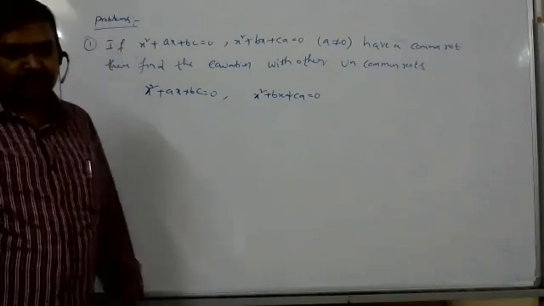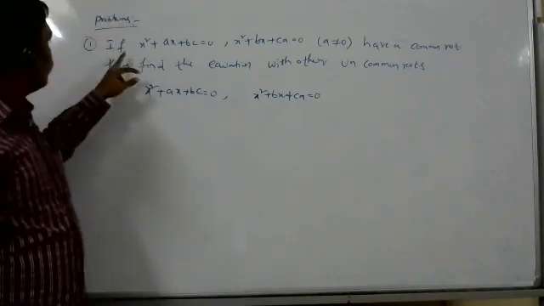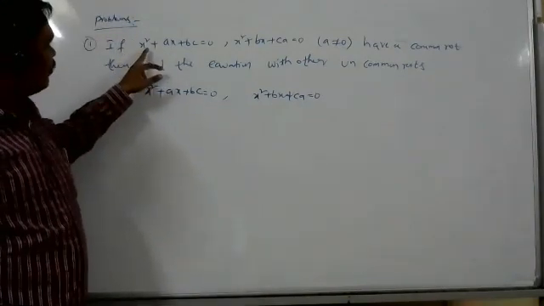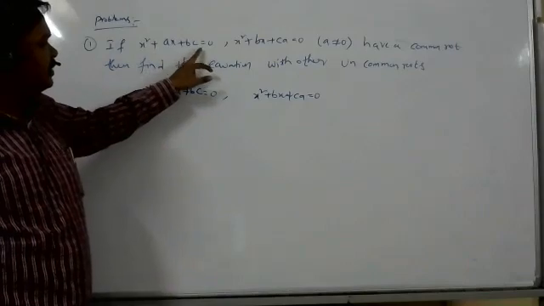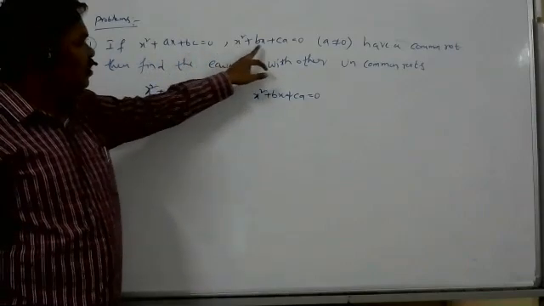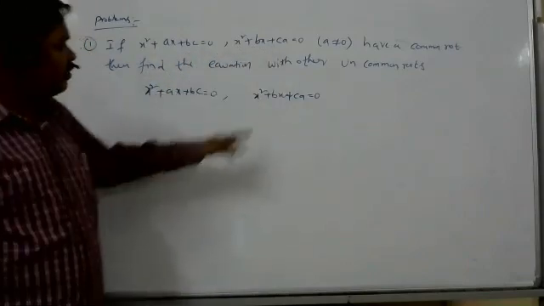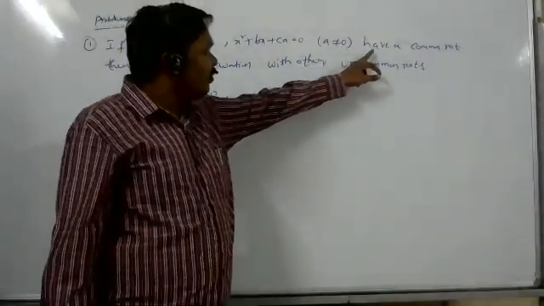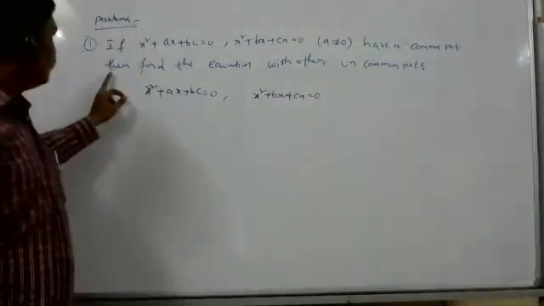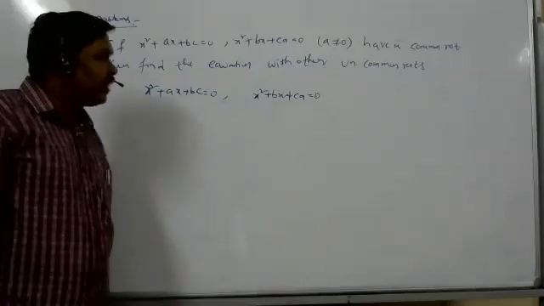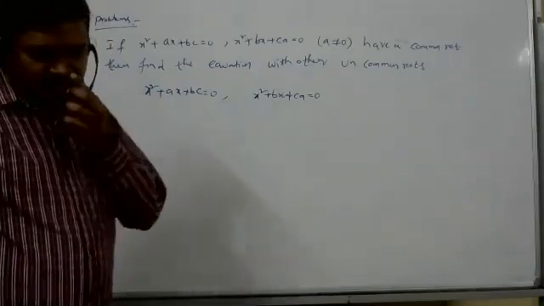Sir, could you just read the question once? If x square plus ax plus bc is equal to 0, x square plus bx plus ca is equal to 0, a not equal to 0, have a common root, then find the equation with other uncommon root.